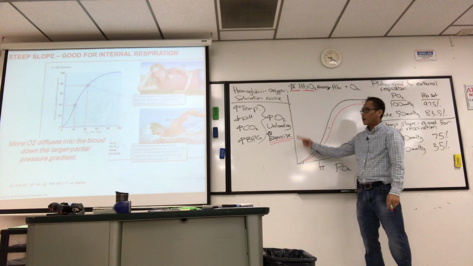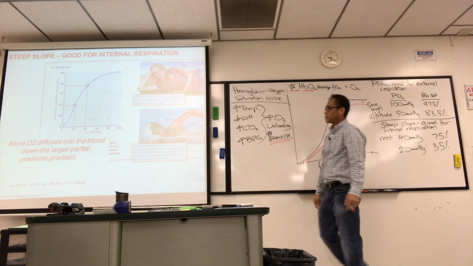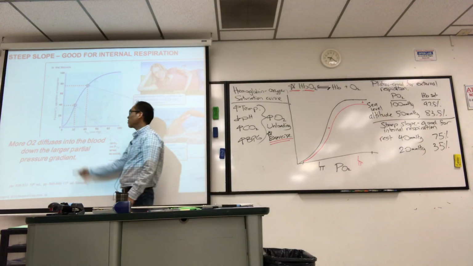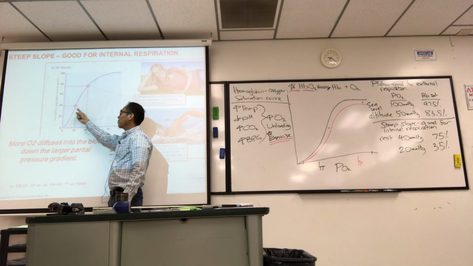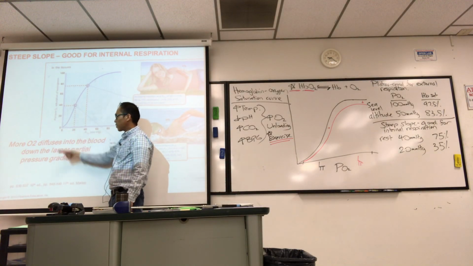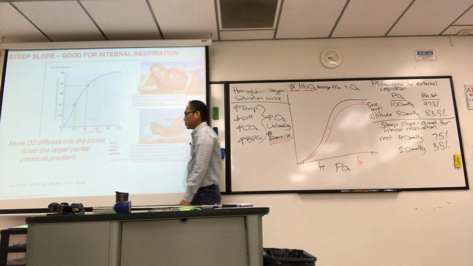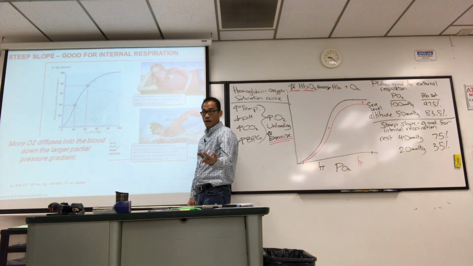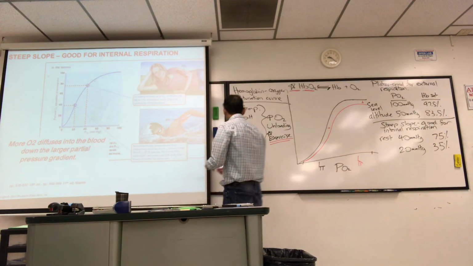You're facilitating more unloading. Why? Because you're exercising, because you need to deliver more O2 to the tissues, and that's what I say here. More O2 diffuses down a larger partial pressure gradient. You're providing more oxygen for the working muscles.